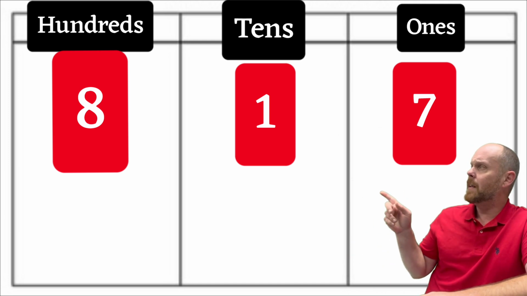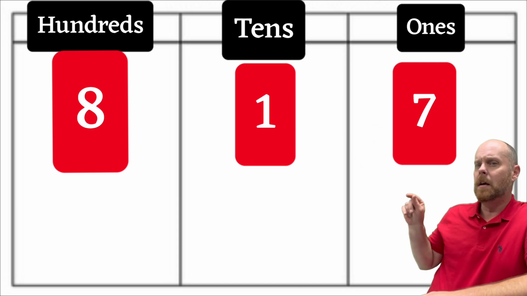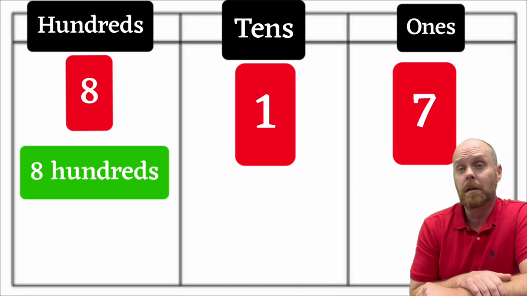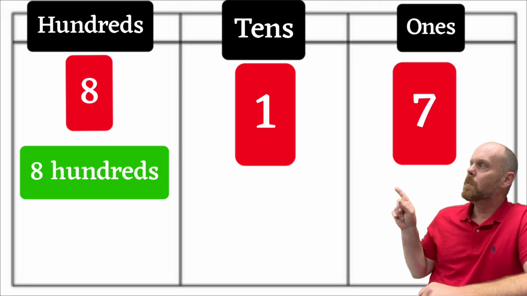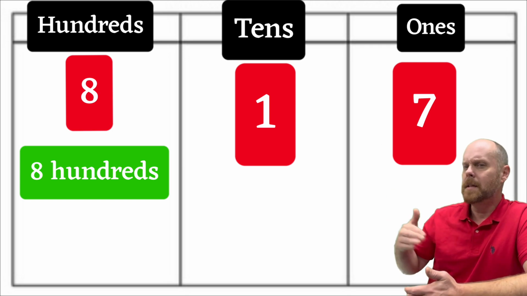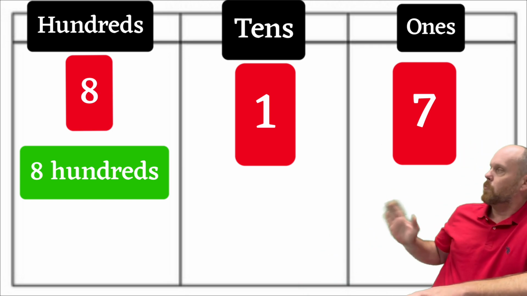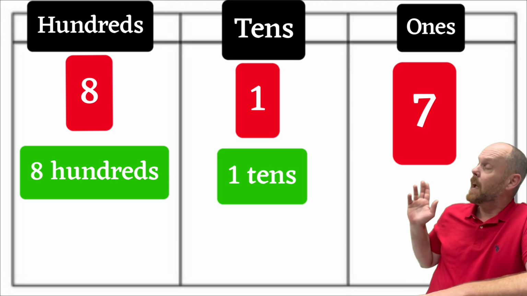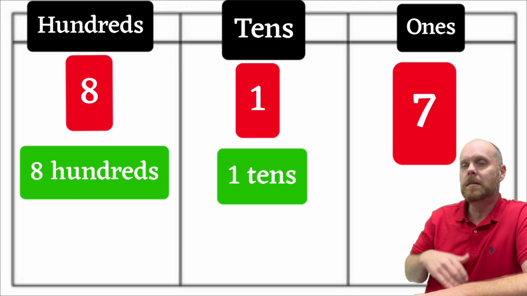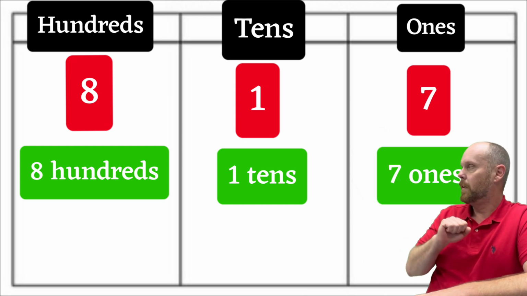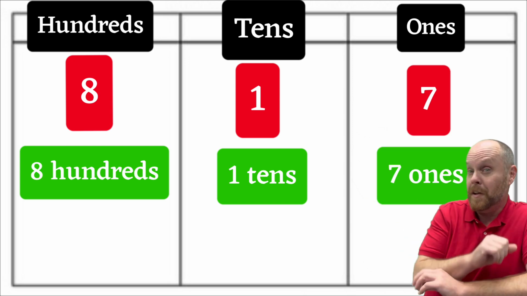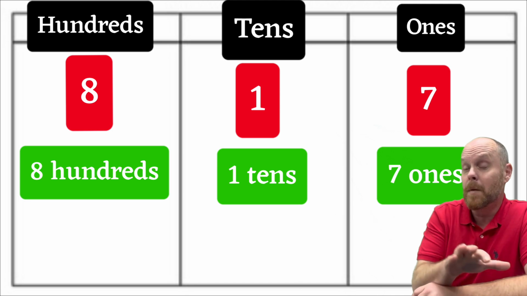It equals 8 in the hundreds place, so that's going to be 8 hundreds. So we put that here. This 1, well, that means there's only 1 tens, right? So we just write that there. And the 7 is in the ones place, so that's going to be 7 ones. All right. If you didn't know, this is already another way to write the number.